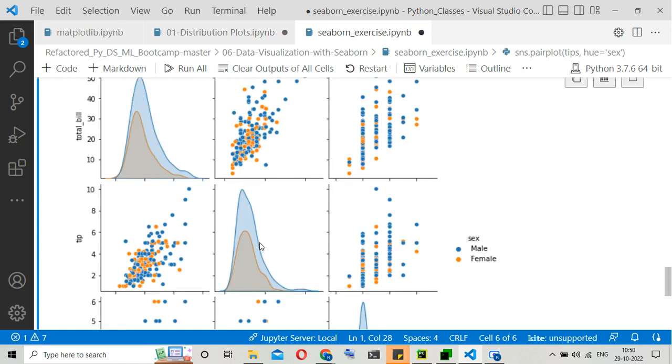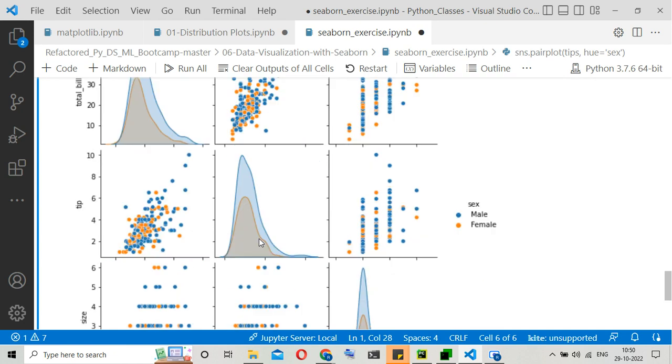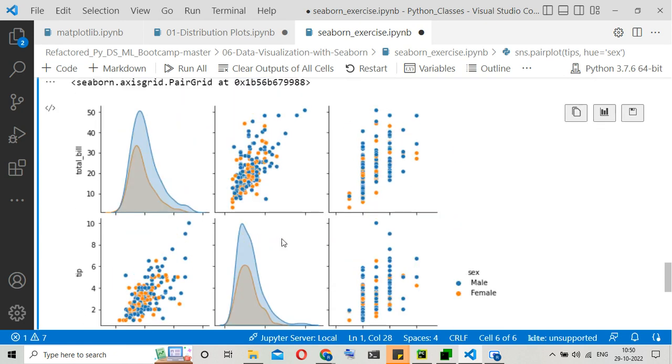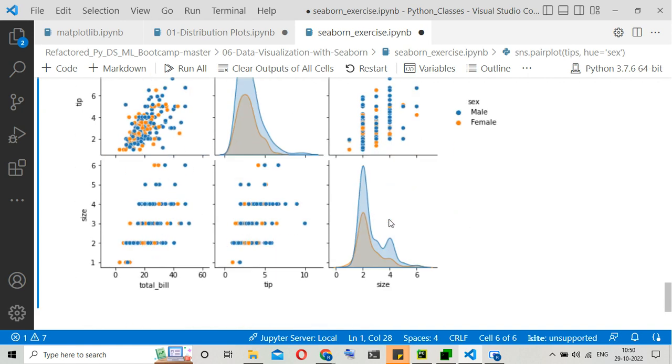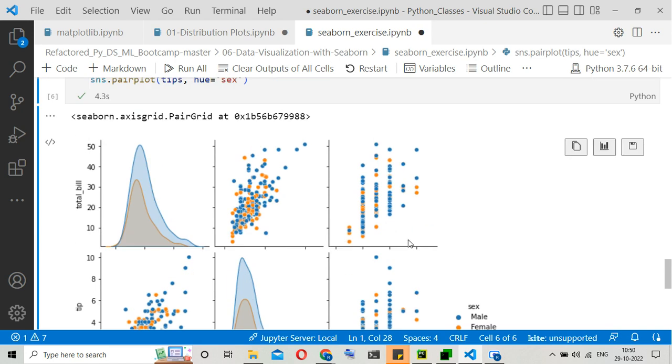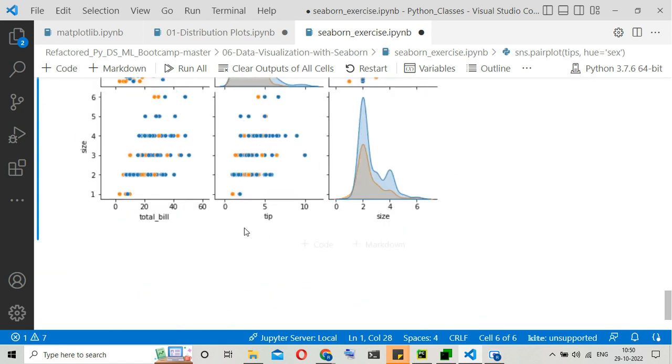These types of analysis you can do. The ticks are nothing but 0, 1, 2, 3, 4, the number of people they had, and the same in the tips.